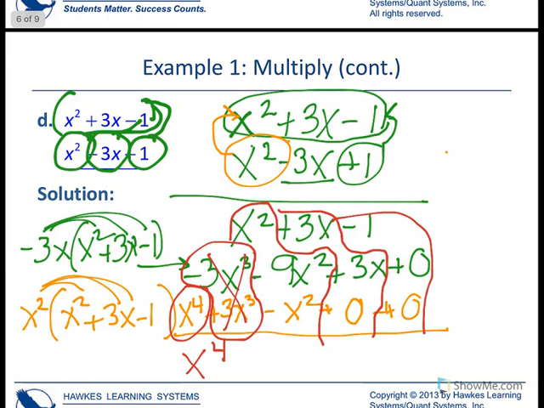And then I have negative 9x squared, which actually should be a negative 10x. And then the 3x and the 3x is going to give you 6x. And then you have up here the minus 1.